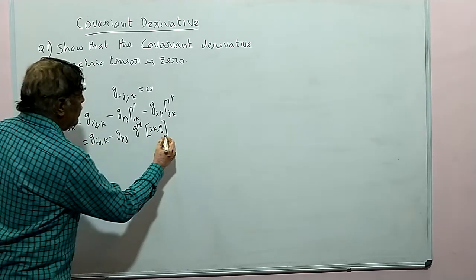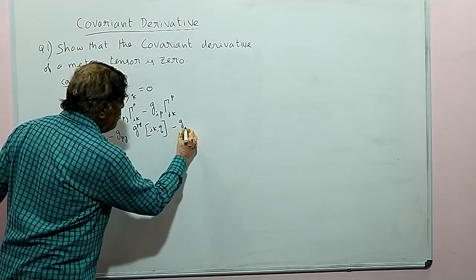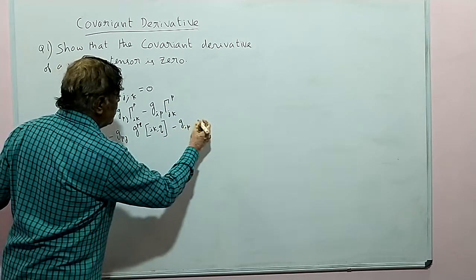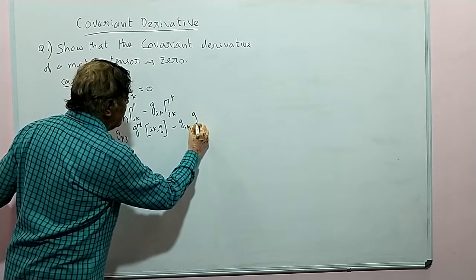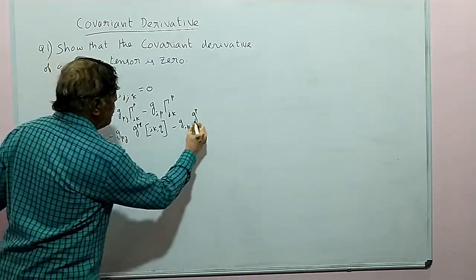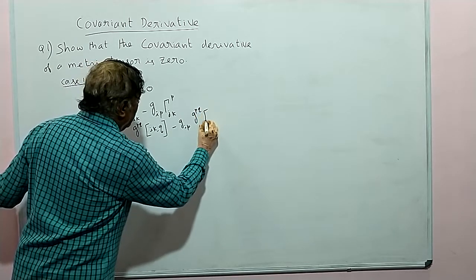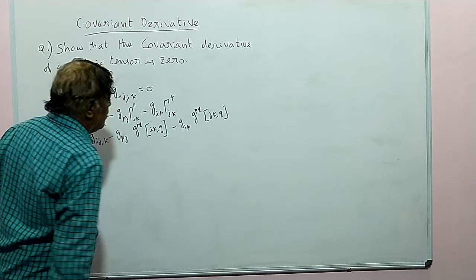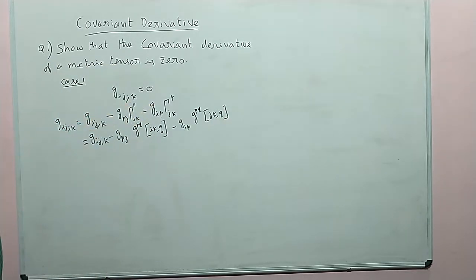Then this is g_ip, g^pq, and this is [jk, q]. So, this is your next step.